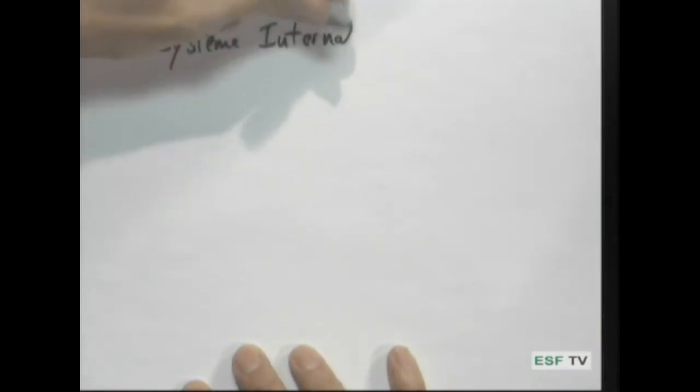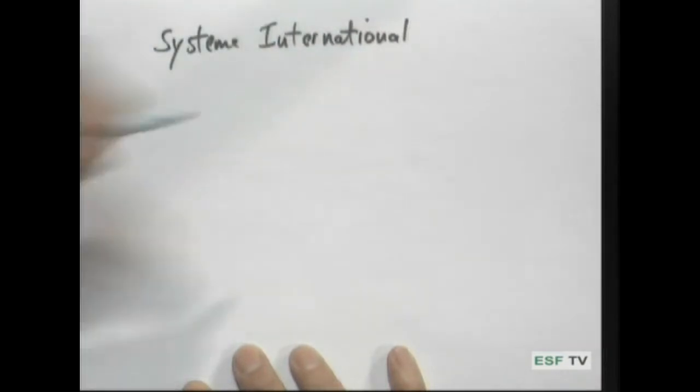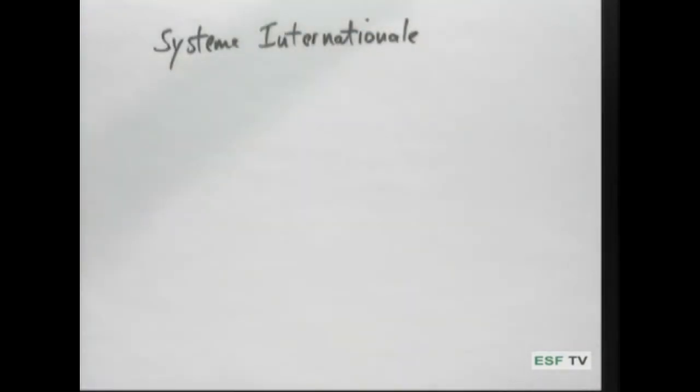And there have been various tweaks and modifications of the kilogram meter second system of units, and the current system is known by its French name, and that is known as the SI system, and this is in French.